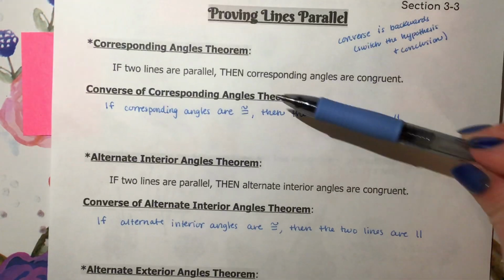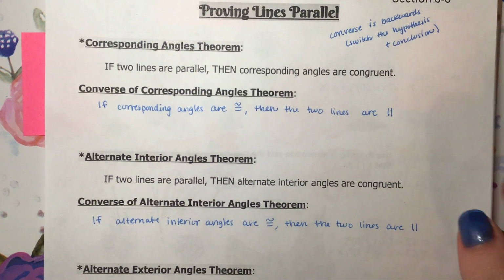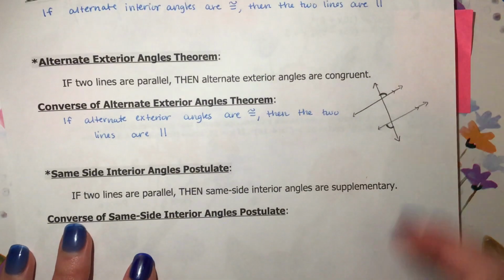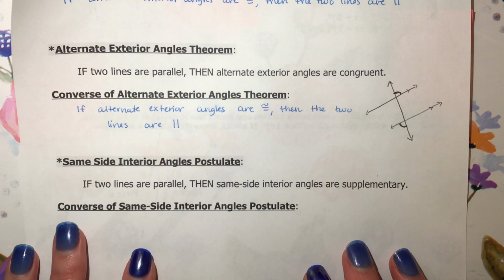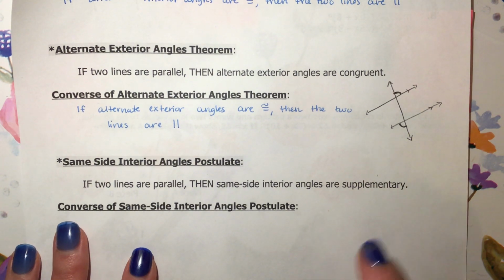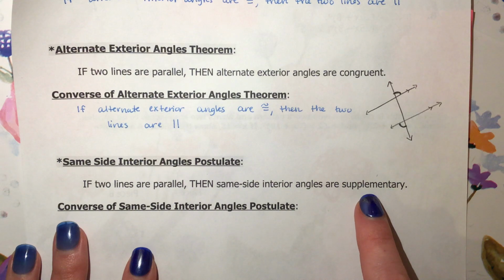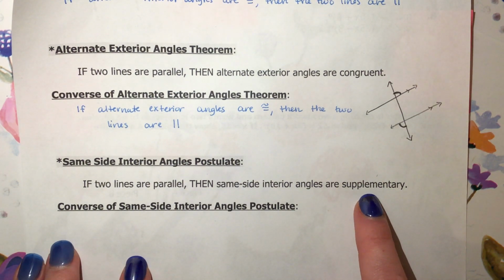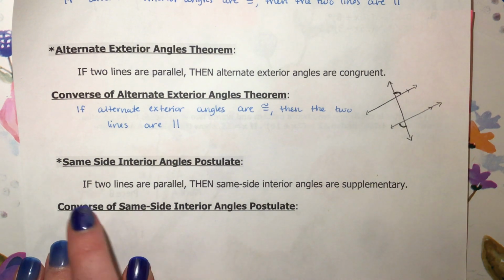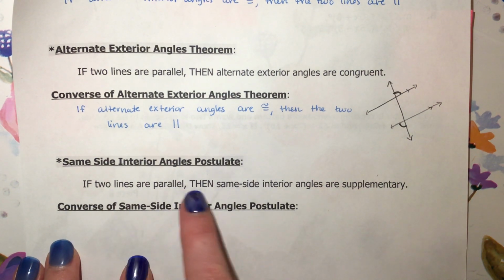Notice how we have three angle relationships that are congruent. Our fourth angle relationship on this page of the notes is same side interior angles. These are not congruent, but they are supplementary. So that's the one angle pair that's different from the rest. If two lines are parallel, then same side interior angles are supplementary.